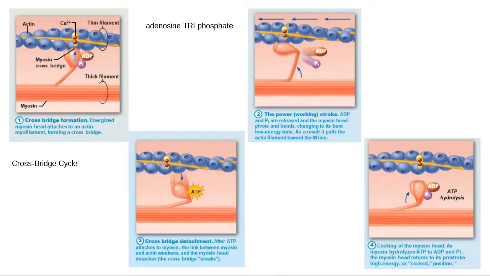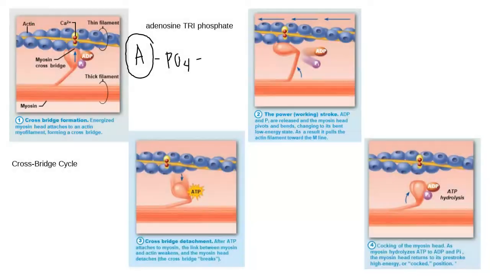So let's draw a really basic, not chemistry accurate version of this. Adenosine triphosphate. Here's my adenosine, and then I've got a phosphate, and I've got a phosphate, and I've got a phosphate. Adenosine triphosphate. It's tri because there's 3 of them. 1, 2, 3.